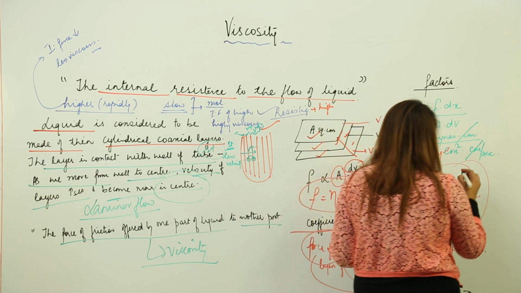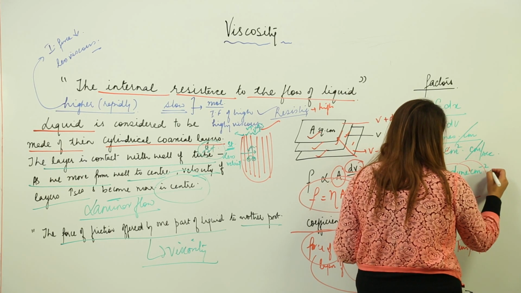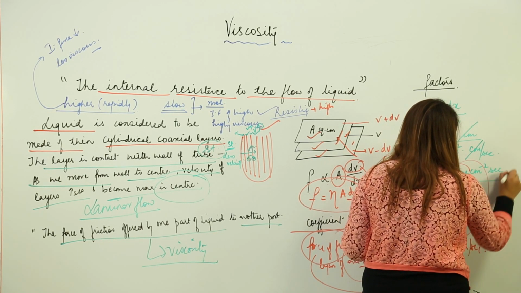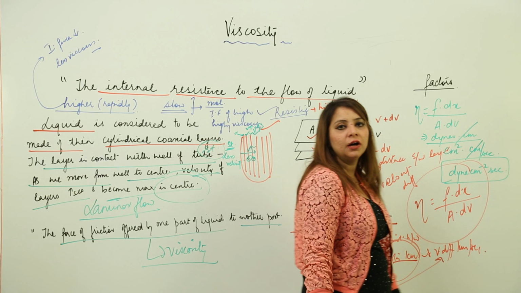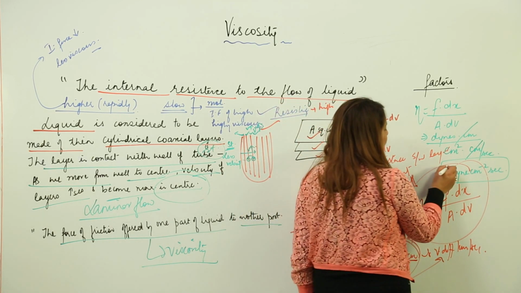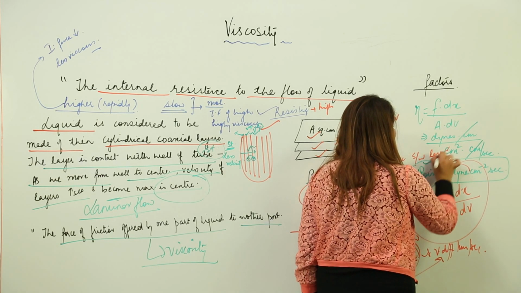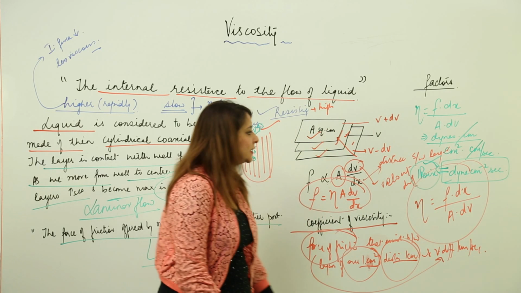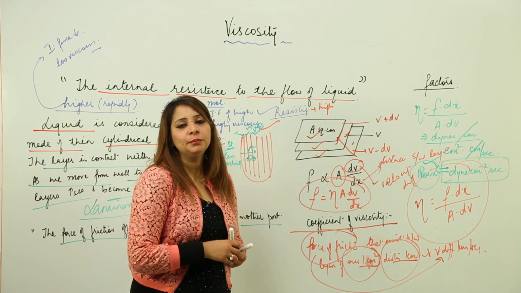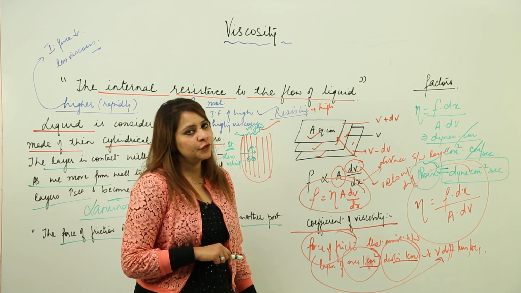Cutting this, we have dyne per centimeter square second. So this is the unit for the coefficient of viscosity, and this quantity is equal to 1 poise. So the unit is poise, and 1 poise is equal to dyne per centimeter square second. So this is the unit for viscosity.